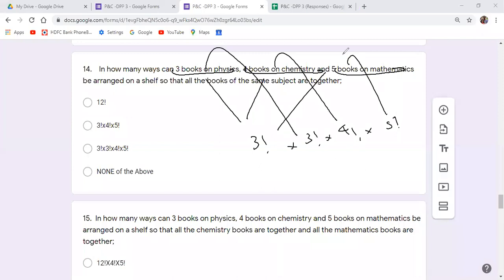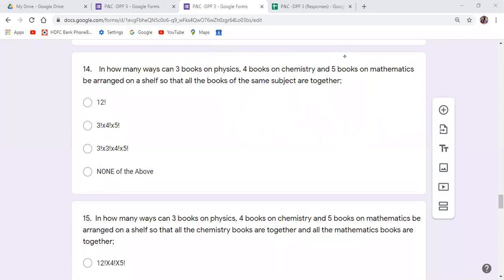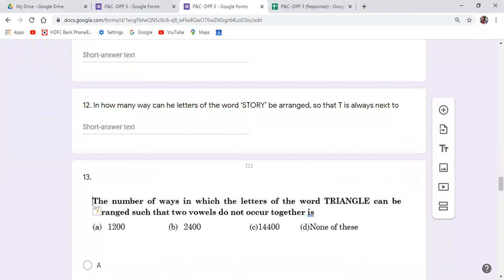If anywhere the answer is not marked, you must tell me. Some questions I forgot to put the answer for. Question number 12, you have a problem. Okay. How many ways can the letters of the word story be arranged so that T is always next to Y? That means YT should be 1.